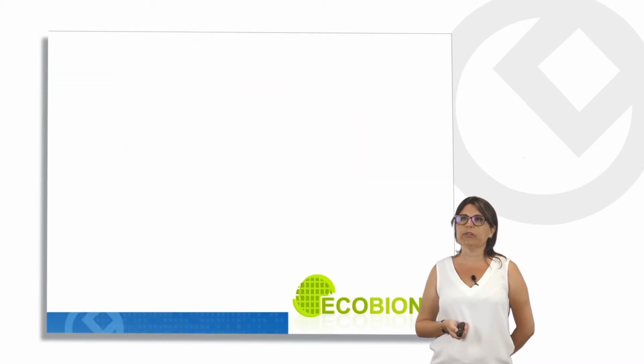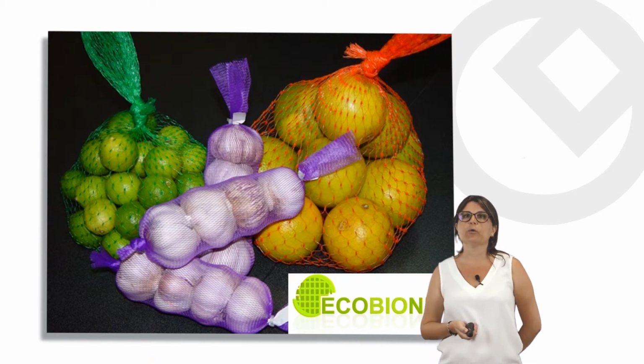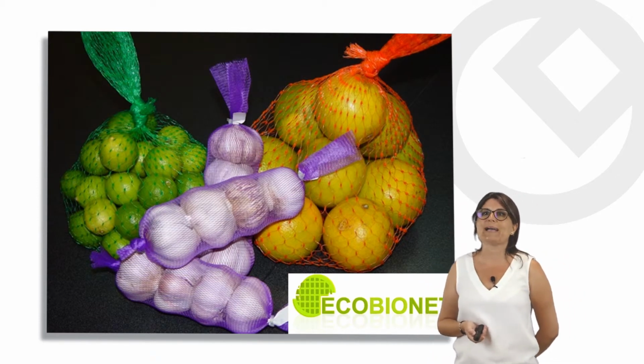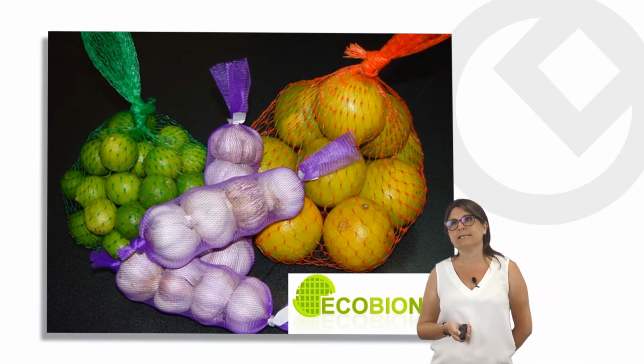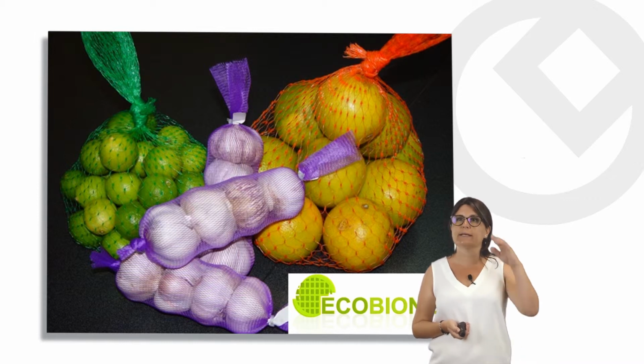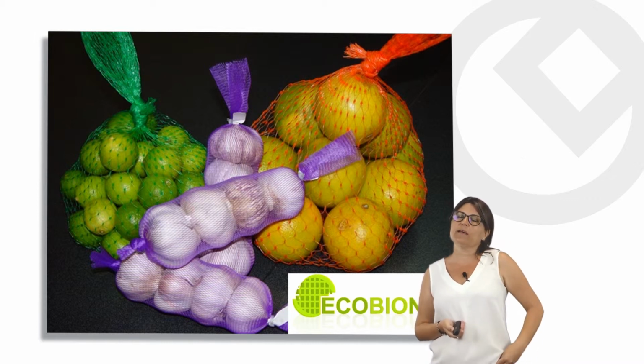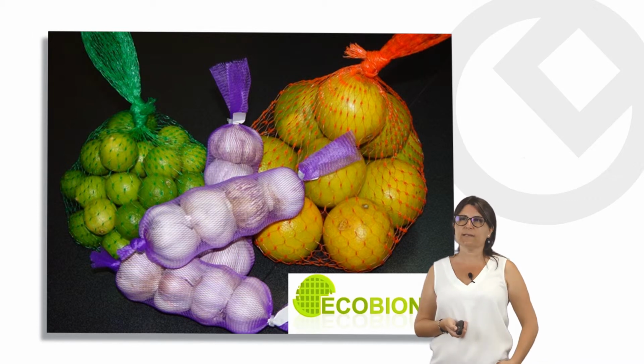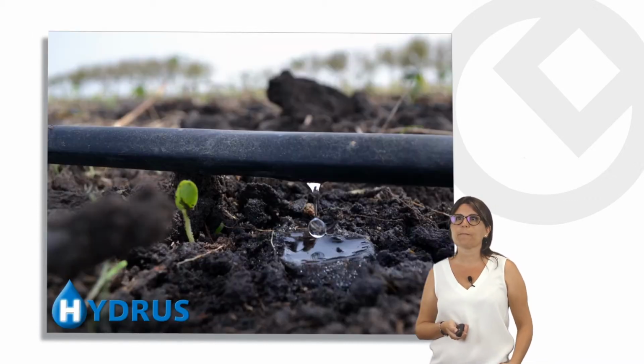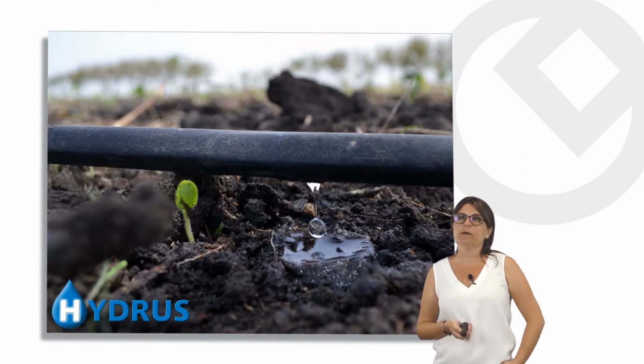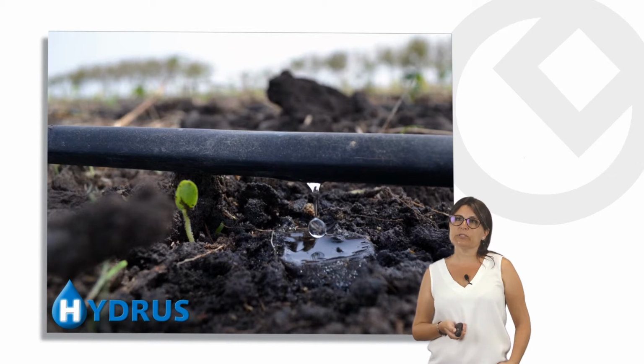In this project, the idea was to develop compostable nets to package vegetables and mussels products to avoid recycling problems with packages of low weight and high volume. In this case, a new compostable material was developed to manufacture pipes in the Hydrus project.